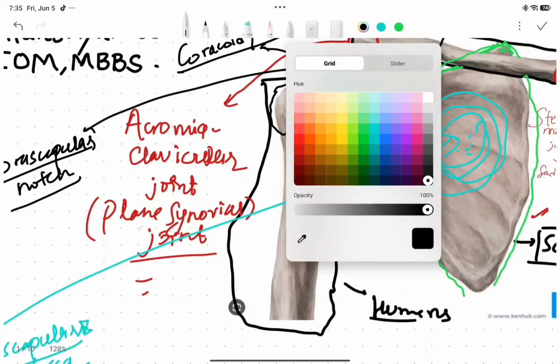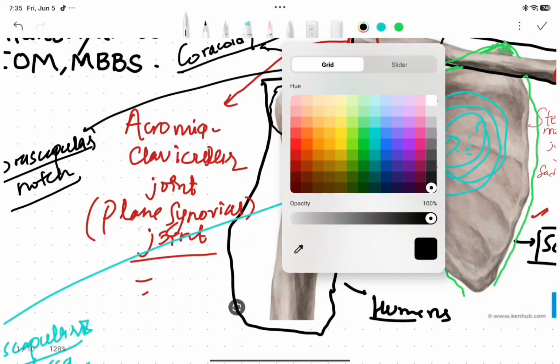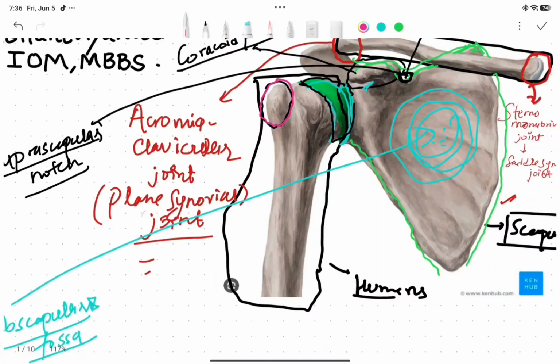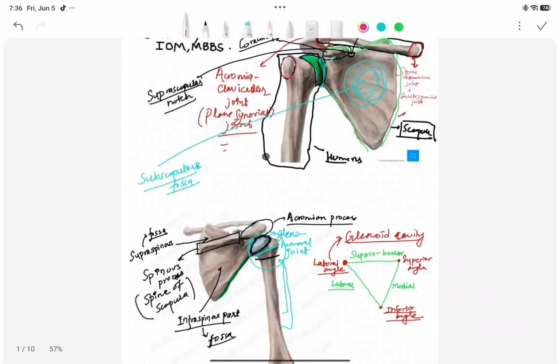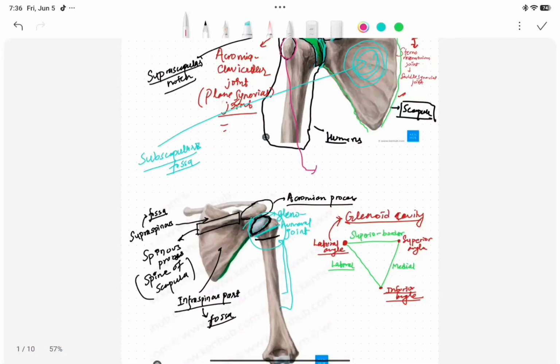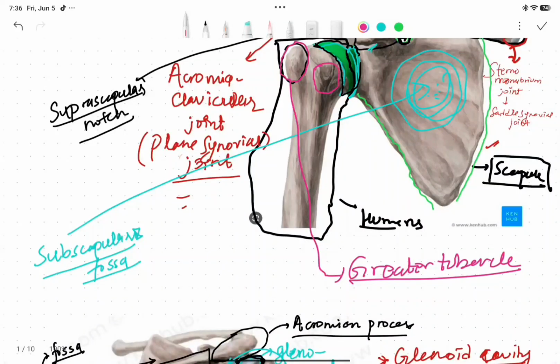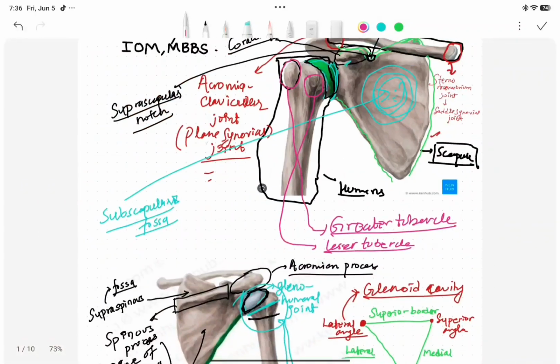This bony projection is known as the greater tubercle, and this other bony projection is known as the lesser tubercle. The lesser tubercle lies towards the medial side, while the greater tubercle lies towards the lateral side.